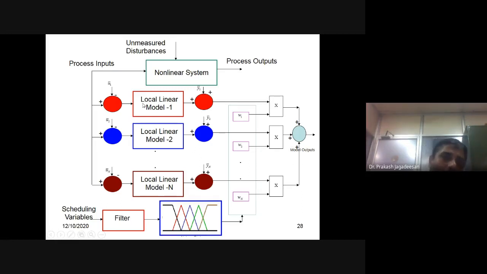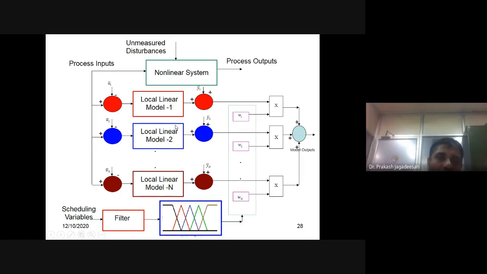So I'll apply input to my model. It will generate an output. Then suitably it will be weighted. These weights one can get from a fuzzy membership function, or from neural networks, or from deep neural networks. Thereby I'll assign weights dynamically.